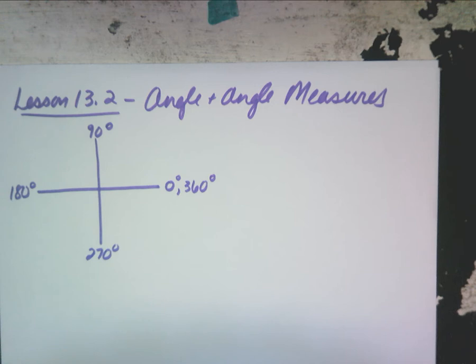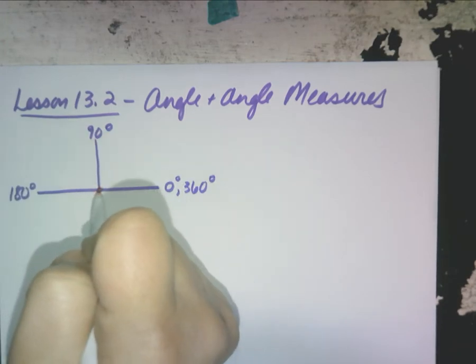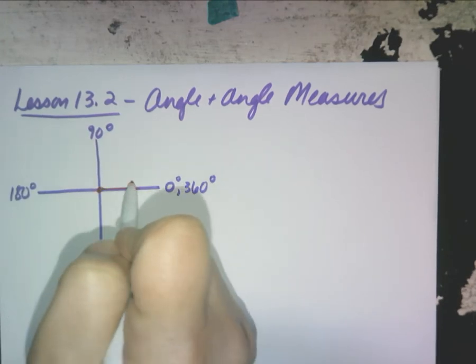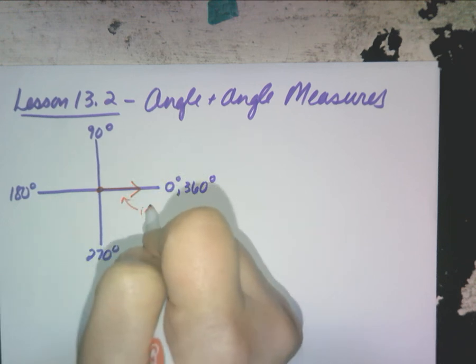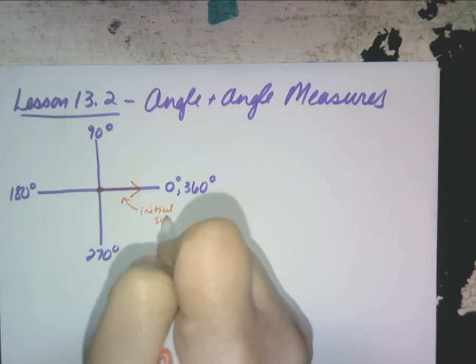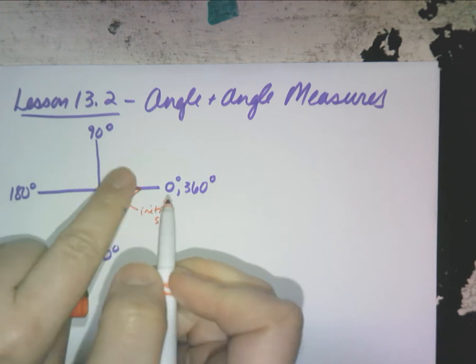Okay? So what the wonderful mathematicians did is they created angles on these quadrants, okay? So they would put the vertex of the angle right at the origin, and they'd create a ray, and they would call this the initial side. And then they'd move that angle around.